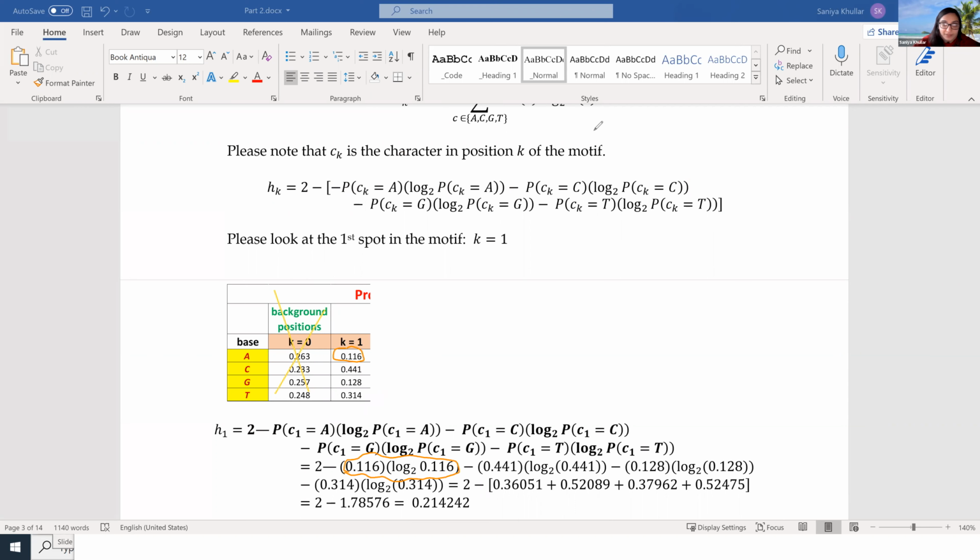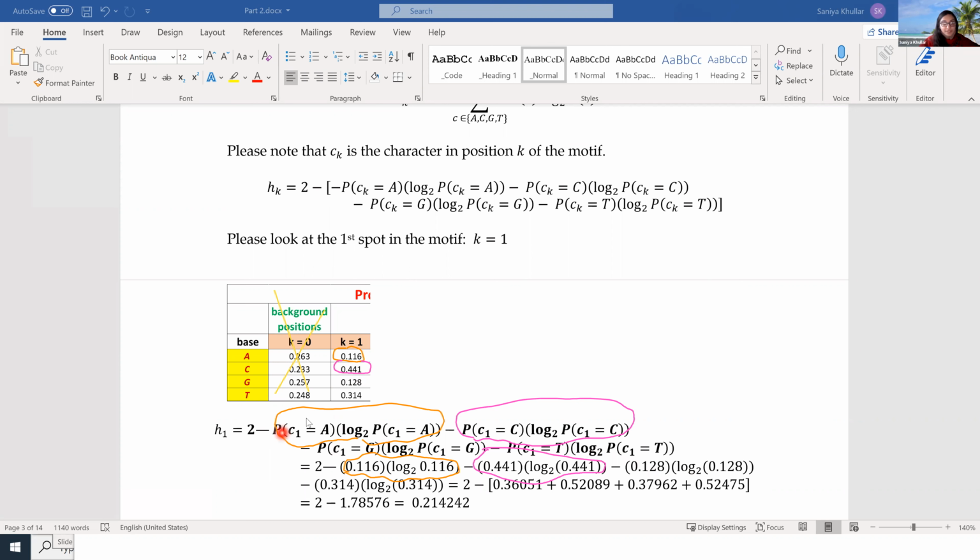And then this part right here, 0.441, is going to be this part over here, which again is going to be this part here, and this other part here is going to be this. Then you do the same thing for this other part, where you see G is 0.128. That comes from this part here, that's what this is times this.